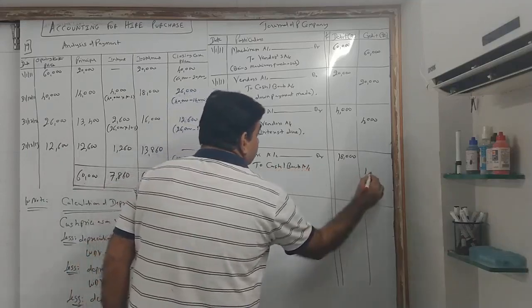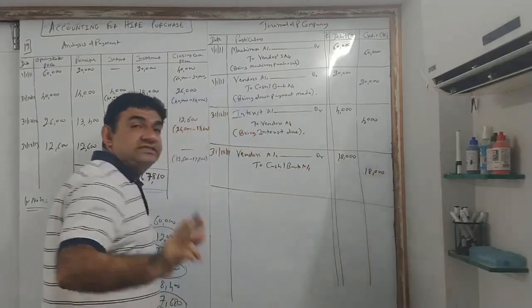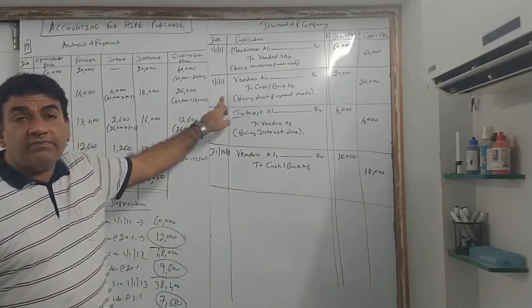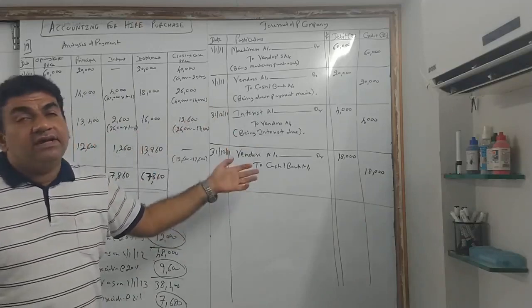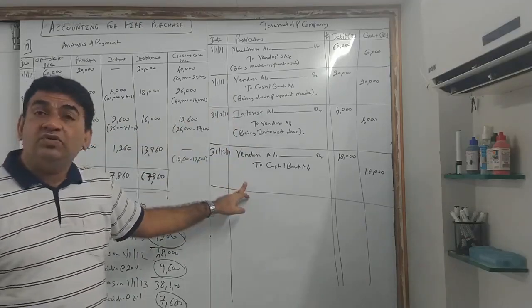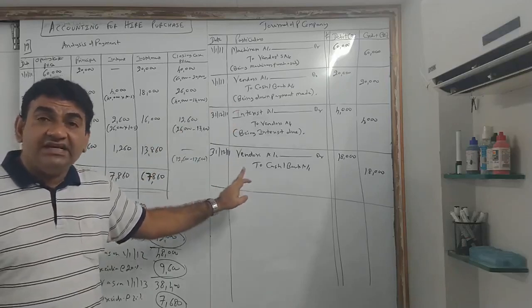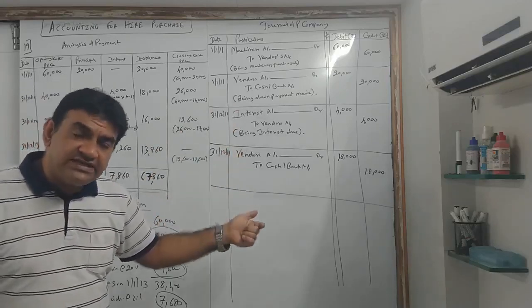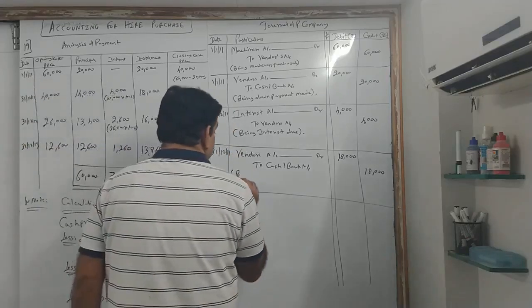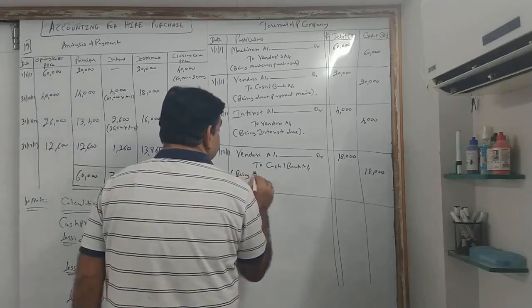And I am making the payment, so to cash bank 18,000. Same as the entry of the down payment. The only thing is, that was for the down payment, this is for the installment. But in both cases I am making the payment due to the vendors, so it will be vendors to cash bank. I am paying the installment to the vendor. Vendor is the receiver, so I debit vendors, and payment is made, so to cash bank.